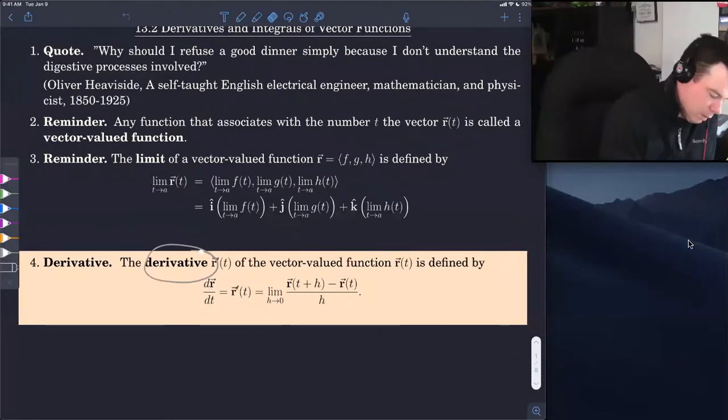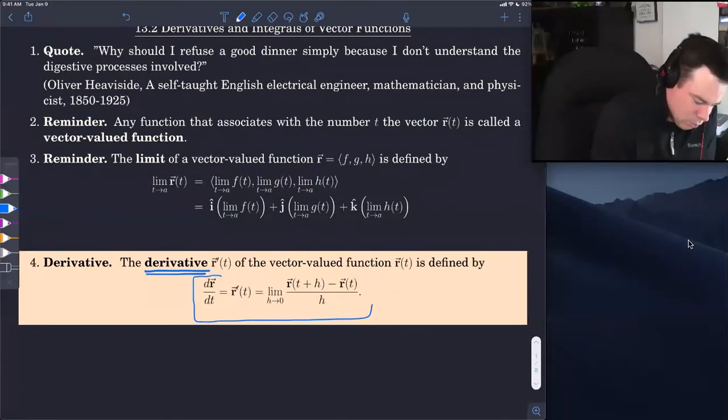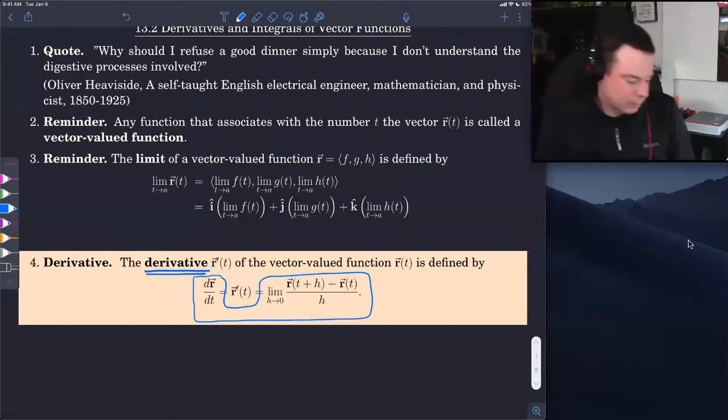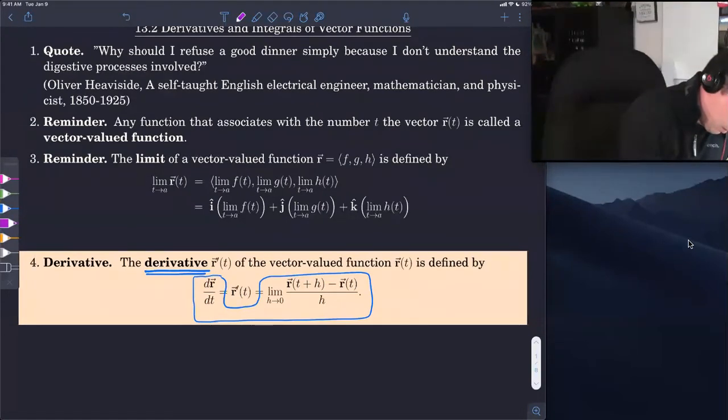So the derivative of a vector valued function, put it in here in blue, is defined precisely how we did define the derivative in calculus 1. You'll notice that there's a little prime here.